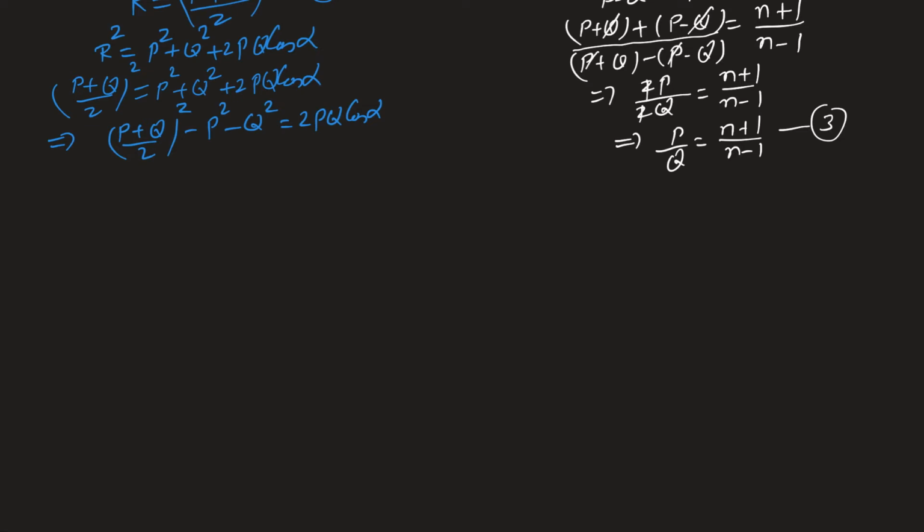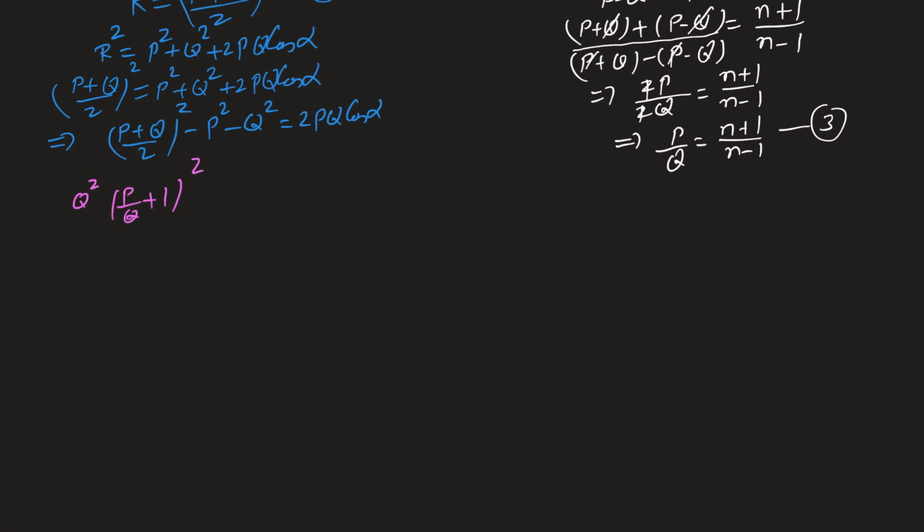So this will be, I am going to take Q out, Q square, it will be (P by Q plus 1) whole square, and this 2 will become 4 here.